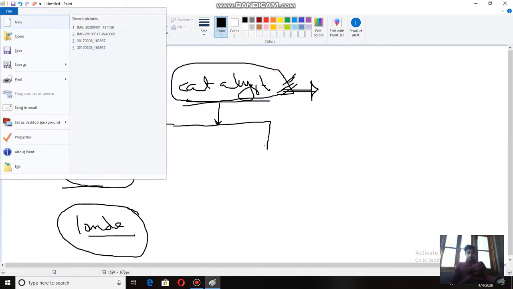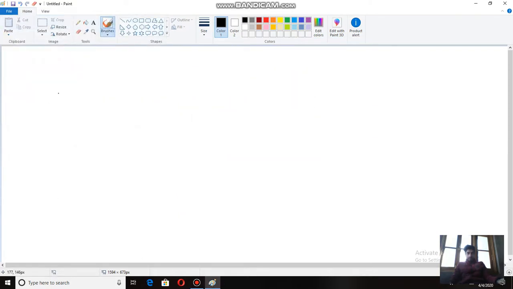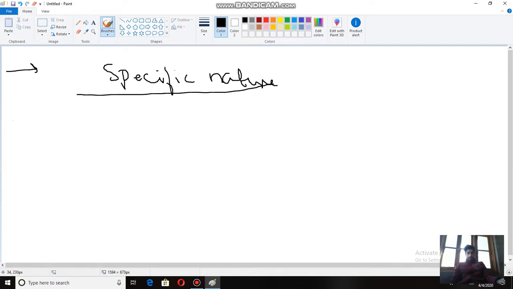Next point. The catalyst is very specific in nature. That means if we use a particular type of catalyst, for example, nickel is used as a catalyst, this nickel is not in the position to catalyze each and every reaction in this universe.